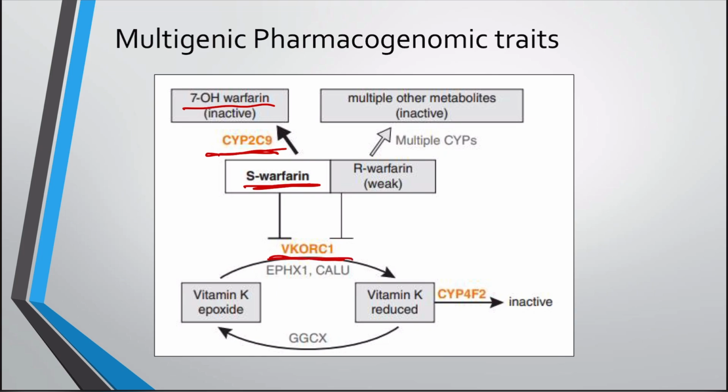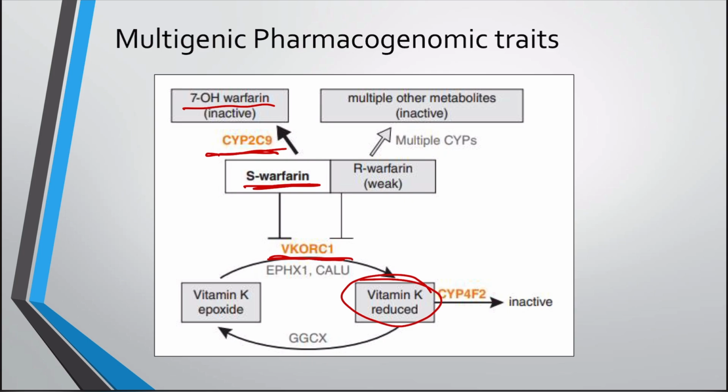That is, VKORC1 is an enzyme which is necessary for the reduction of the inactive form of vitamin K to the active form, that is, reduced vitamin K. As a result, when we are inhibiting VKORC1, which causes the conversion of the inactive form of vitamin K to the active form, we are causing the anticoagulant effect.